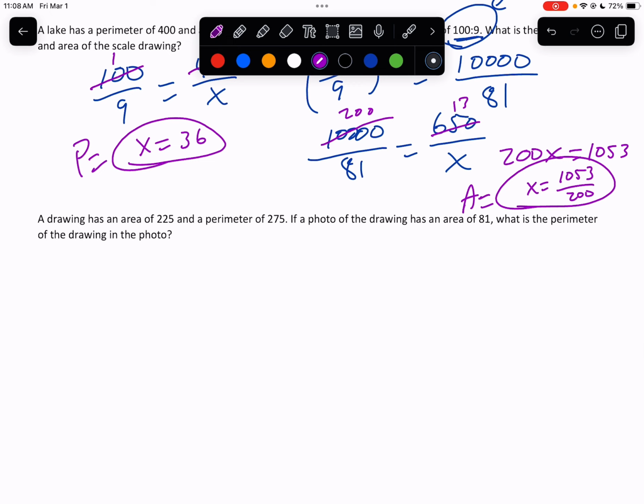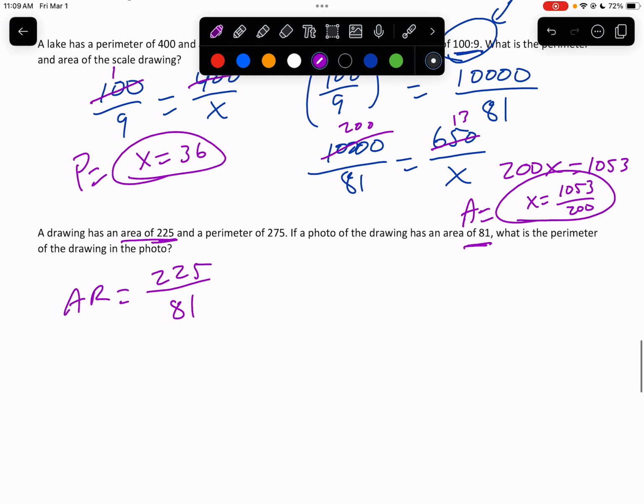Another area and perimeter problem. It says if the photo of the drawing has an area of 81, what is the perimeter? Okay, so we know the original area and we know the new area. So the area ratio is the one that we have over the photo 81. And we want to work with perimeter.